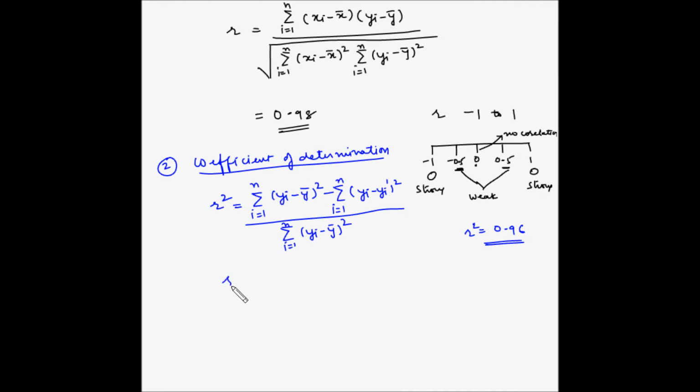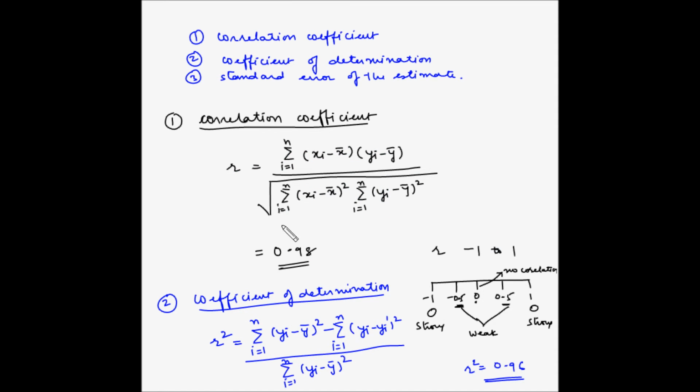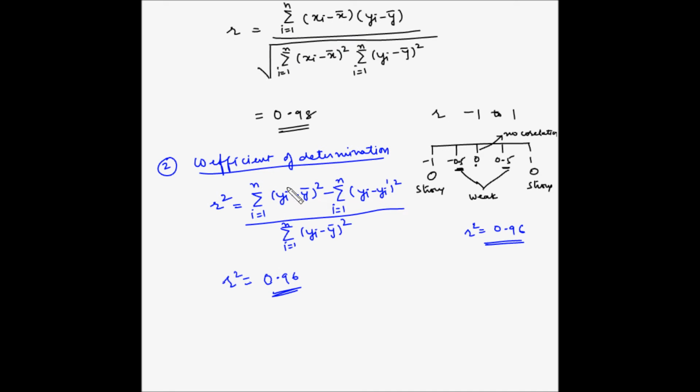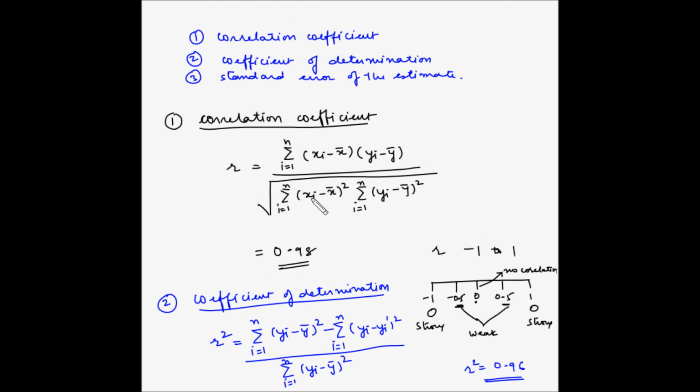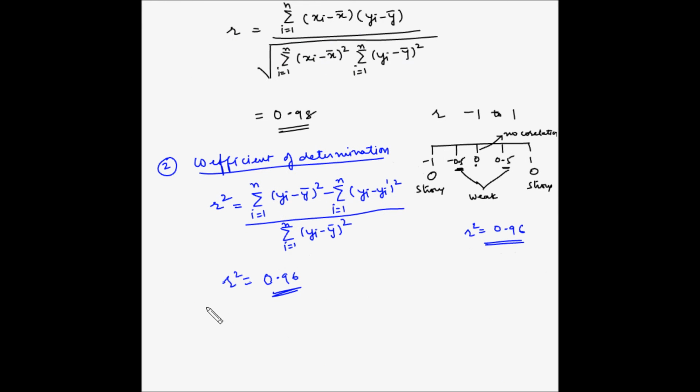So as we had seen, the value of r square came out to be 0.96, which is nothing but the square of this value, which is 0.98. So if you are not being asked to calculate the correlation coefficient, then you'll have to use this formula to find out the value of coefficient of determination.